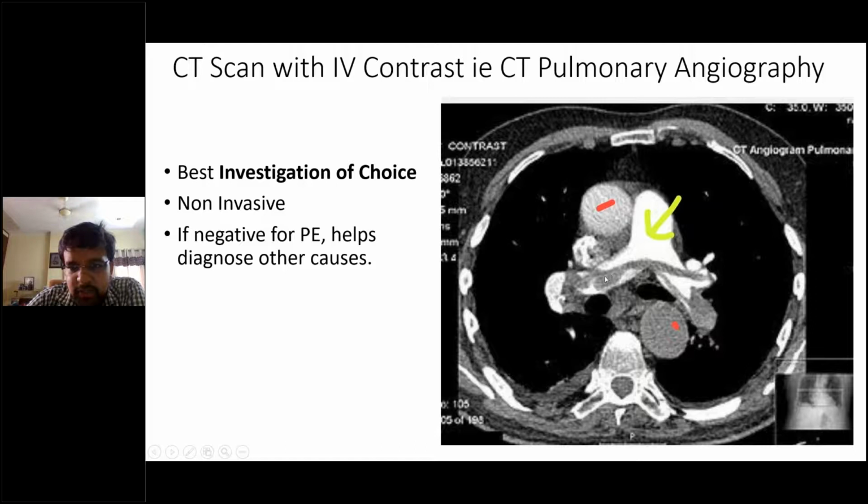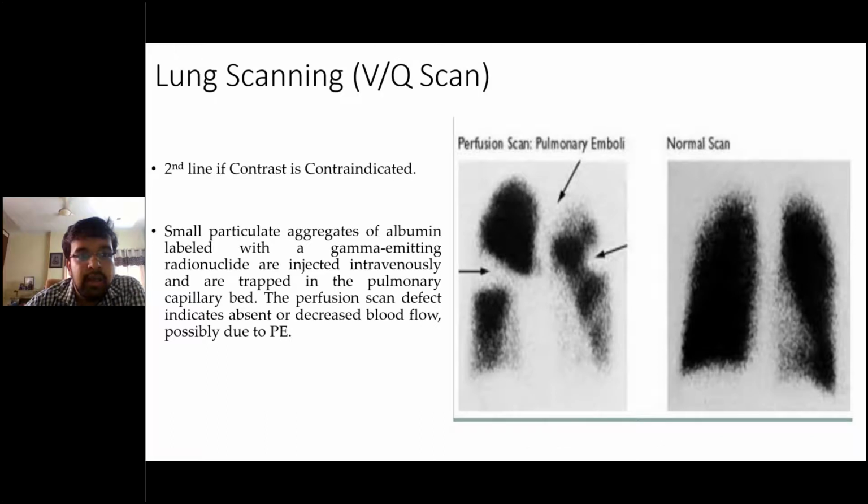This is the saddle embolus sitting at the bifurcation of the pulmonary artery. ठीक है. And this is how you diagnose pulmonary embolism on a contrast enhanced CT scan. ठीक है. अगर दिख गया तो बहुत अच्छी बात है, नहीं दिखा तो और भी अच्छी बात है, कोई बात नहीं. ठीक है. So this is the investigation of choice, contrast enhanced CT scan.